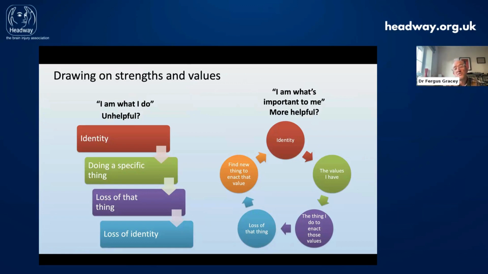However, if we change focus and say my identity is tied up with the values I have, and the thing that I did was a way of enacting those values, then if I've lost that thing, if I can find a new way to enact that value, then all good from an identity point of view. So distinguishing between the doing and the value, the bit of the identity that's connected to that doing, is really key. Quite often we can find ways of working with people to support them to enact their values despite being less able or unable to do the thing that they used to do.